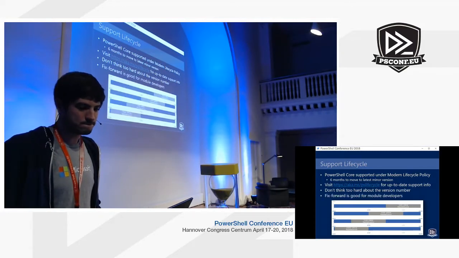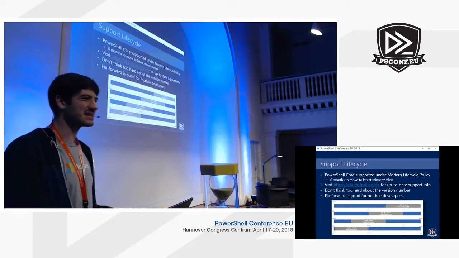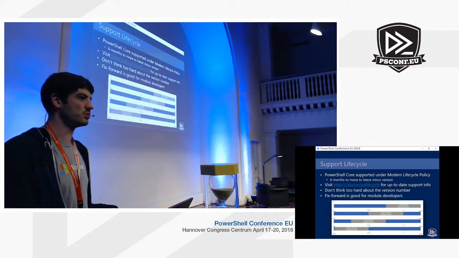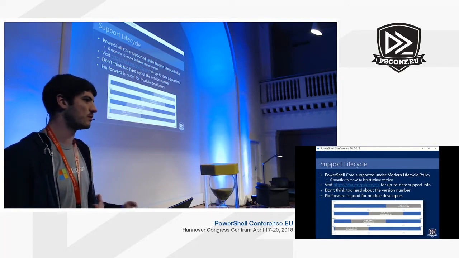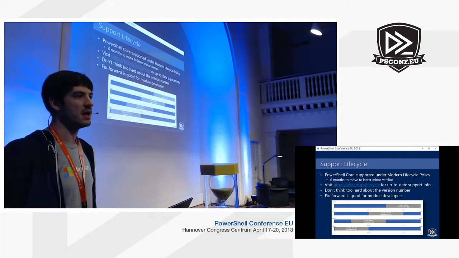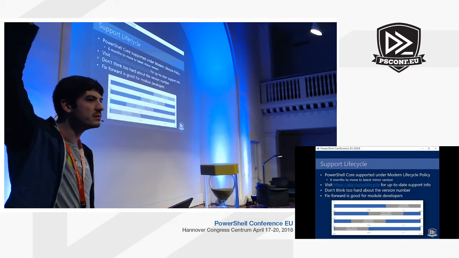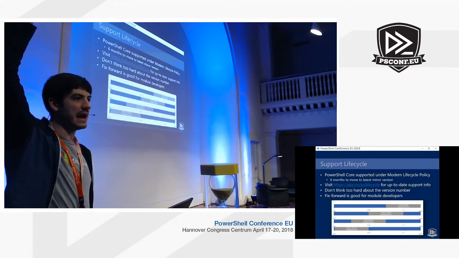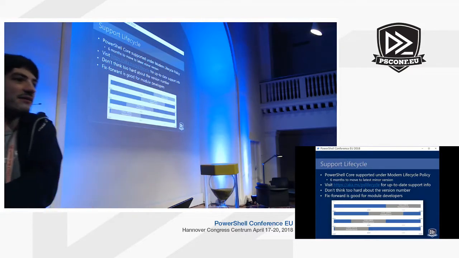The other thing is that we've heard some module developers ask, does this mean it's going to be a lot harder to maintain my module, since you're revving the versions all the time and I'm going to have to constantly retest against these newer versions? We actually think that Fix Forward is better for module developers. How many of you own a module where you have to support PowerShell 3? Yeah, that's a pain in the butt. There's tons of stuff that we put in 5 that make your life easier.